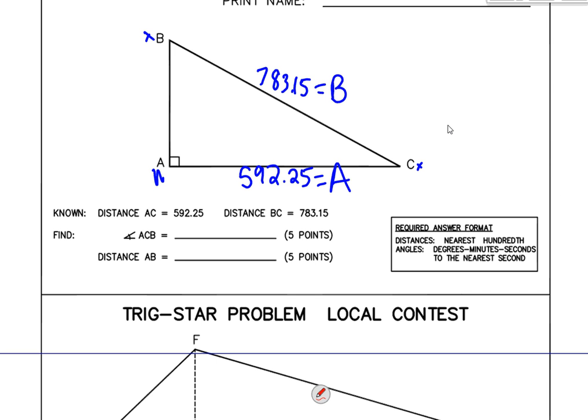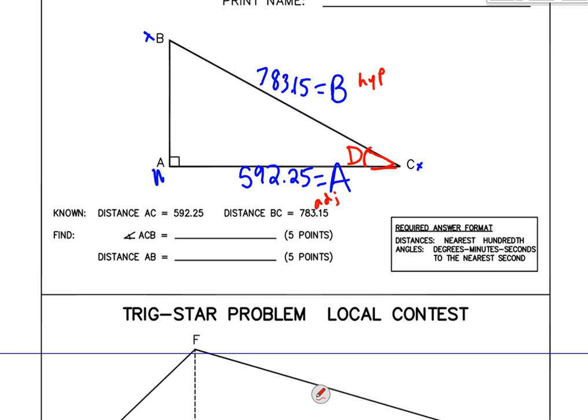The first thing it asks for is this angle ACB, which is that angle right there. So I'm just going to remember this is the hypotenuse, this is the adjacent. What trig function am I going to use then? Cosine, and I'm actually going to call that angle D. It's a little confusing because I've got A, B, C on the picture, but I'm ignoring those.